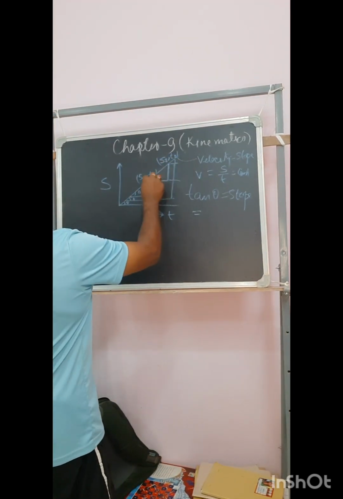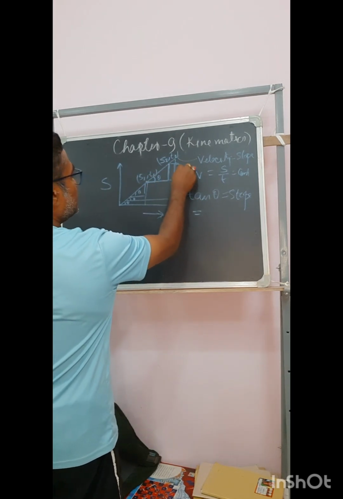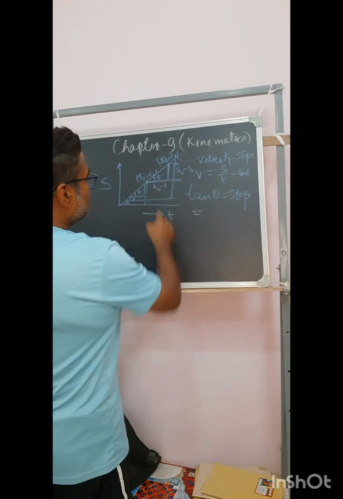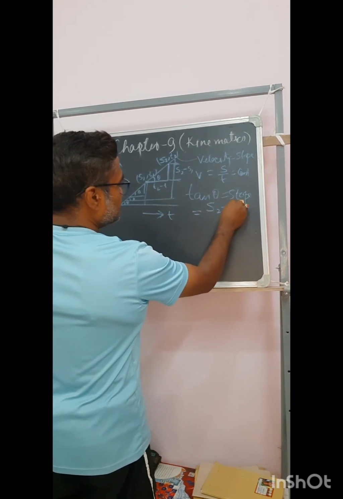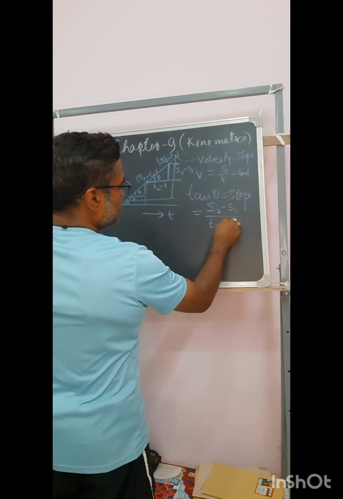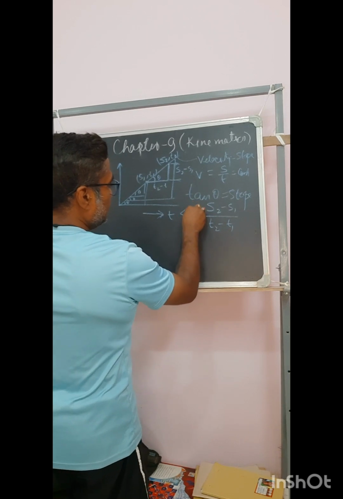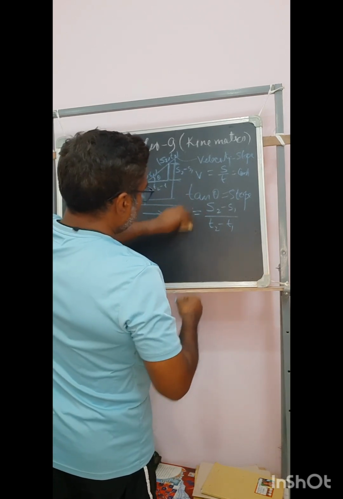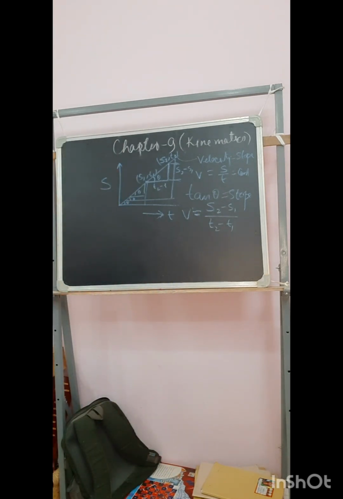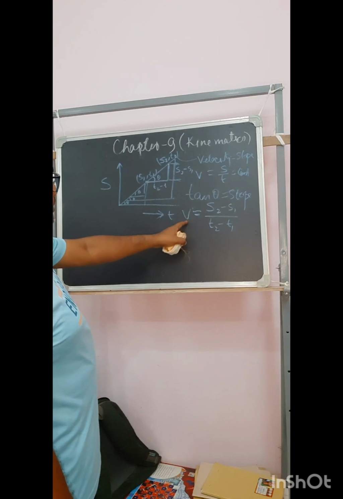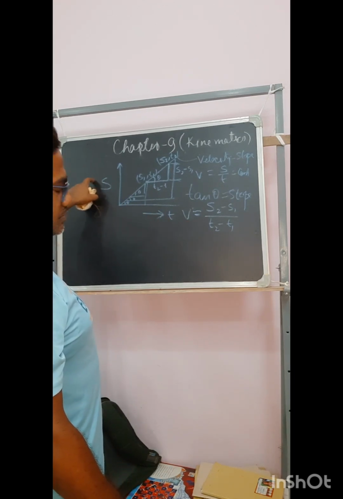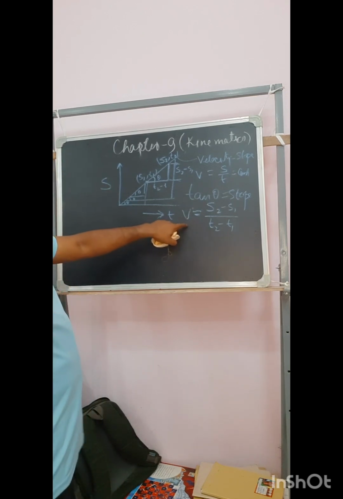These are position vectors, and the difference is S2 minus S1, and the time difference T2 minus T1. So this will be the slope between this span, S2 minus S1 over T2 minus T1, and this is nothing but the velocity, because v is giving you the velocity in this curve. So for s against t, v is the slope. Just remember, when displacement against time is plotted, v is the slope.